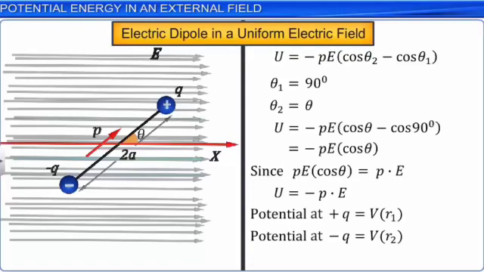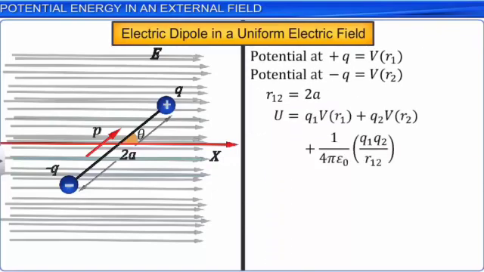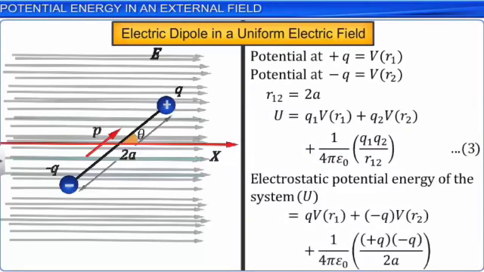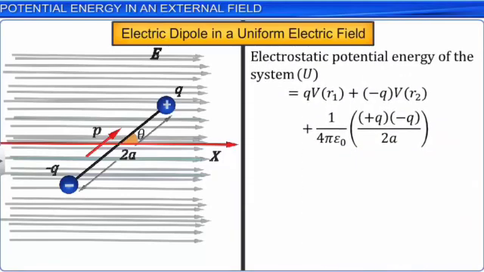Then, substituting Q1 equal to plus Q and Q2 equal to minus Q in equation 3, and simplifying, we get potential energy U of the system as U is equal to plus Q into V of R1 plus minus Q into V of R2 plus 1 by 4 pi epsilon naught into minus Q square by 2a.